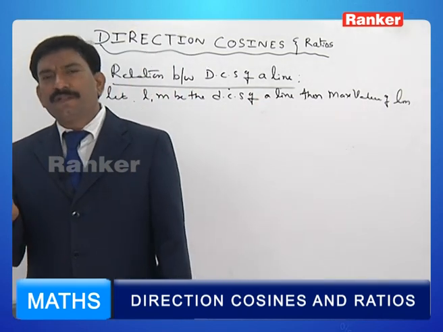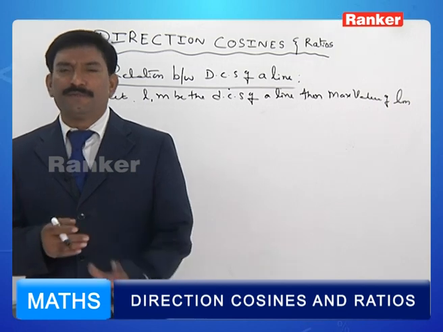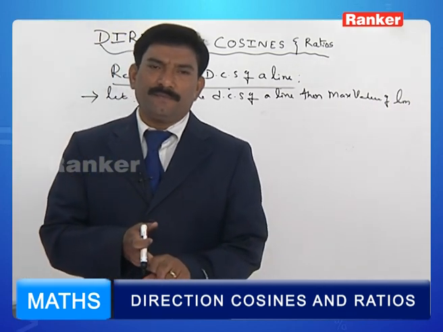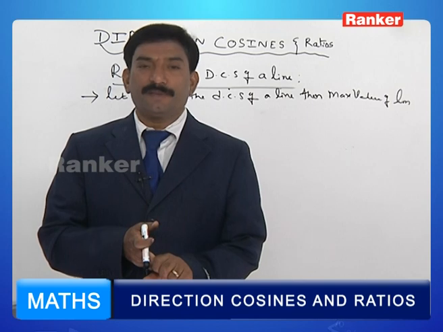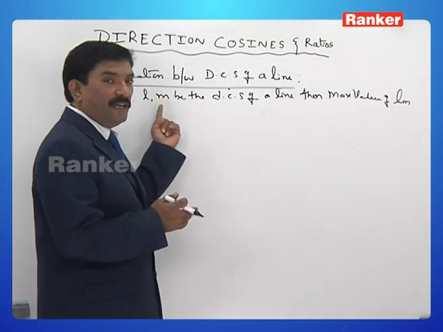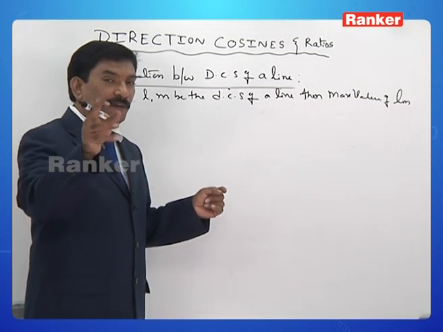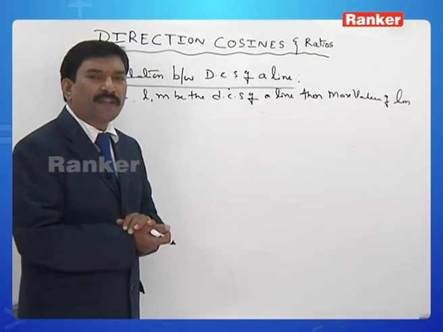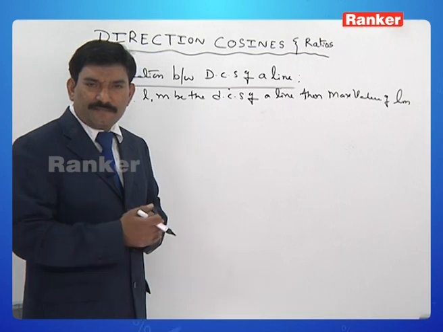There we have considered three mutually perpendicular lines. We discussed in space. Now a line has L and M. Certainly the line must be defined in two-dimensional. It's a 2D line. It is quite obvious.